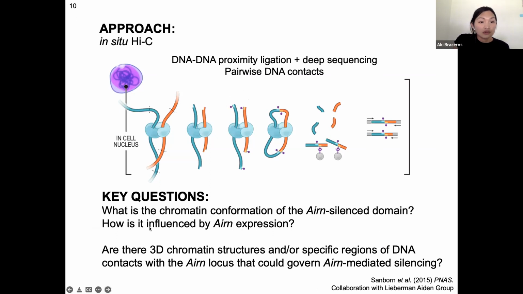The first being, what is the chromatin conformation of the Airn silenced domain, and how is that conformation influenced by Airn expression? And then more specifically, are there 3D chromatin structures and/or specific regions of DNA contacts with the Airn locus that could govern or explain this Airn-mediated silencing pattern that is occurring non-uniformly?